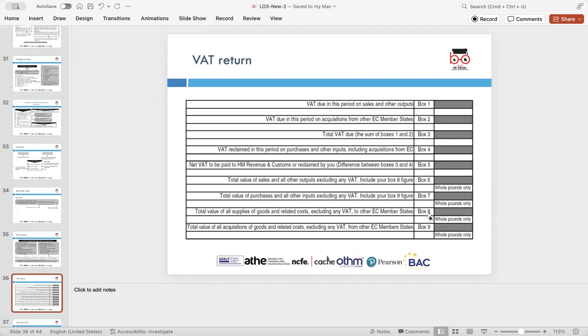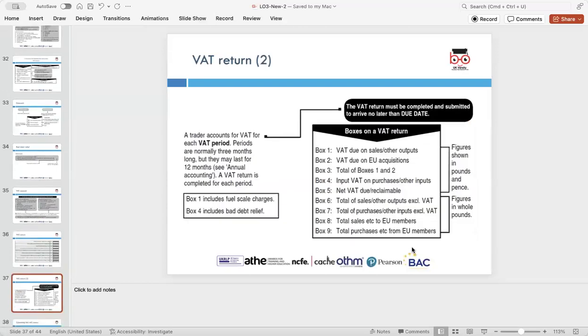Then box 8, total value of supplies of goods and related costs, excluding any VAT, to other EU or EC member states, reported in whole pounds. And finally, box 9, total value of all acquisitions of goods and related costs, excluding any VAT, from other EC member states, reported in whole pounds.